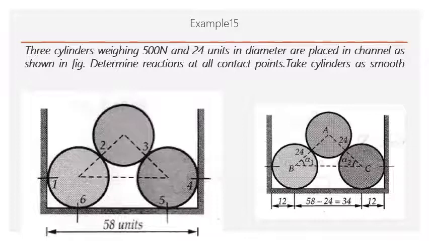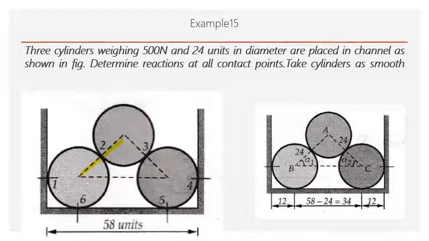So here all the spheres weigh the same, 500 Newton. All spheres are of the same diameter, 24 units. So you know that the reaction at the contact point 2 will act along this line, right?